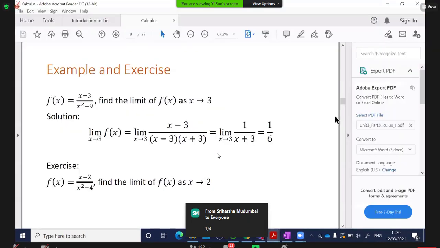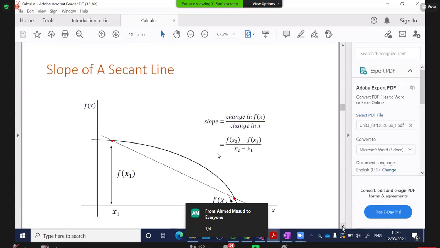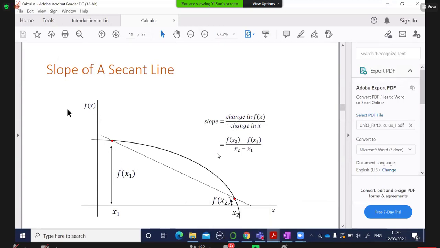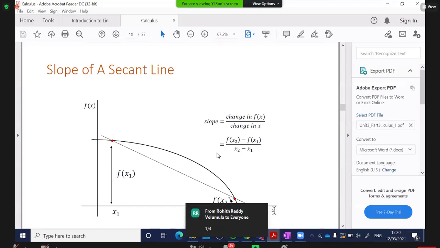Now, have a look at the next slide here. How do we define the slope for this secant line? We define it using the change in f(x), here is f(x), along the x-axis, the change in f(x) over the change along this x-axis.